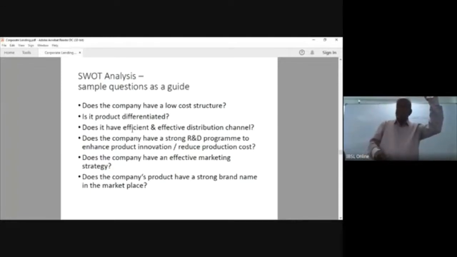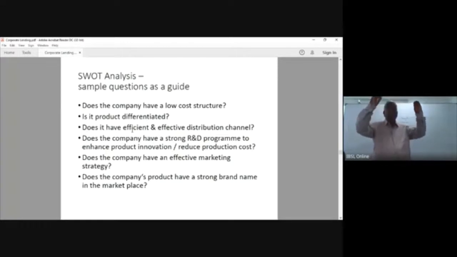The first one, environment analysis, you do on your own. Then the industry analysis, you do on your own. See the particular industry, how the industry is, how the competition is within the industry.